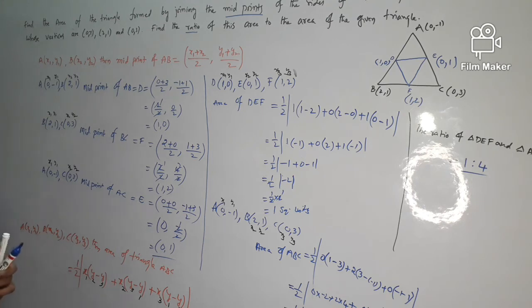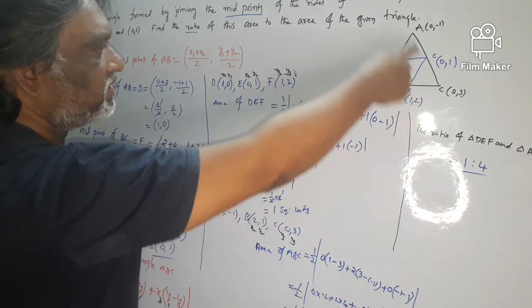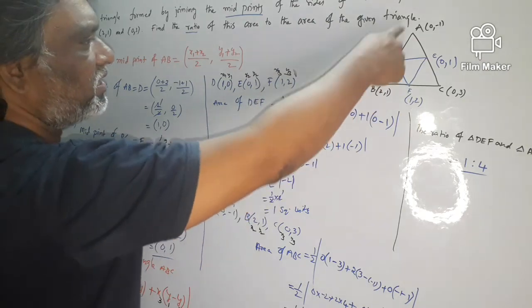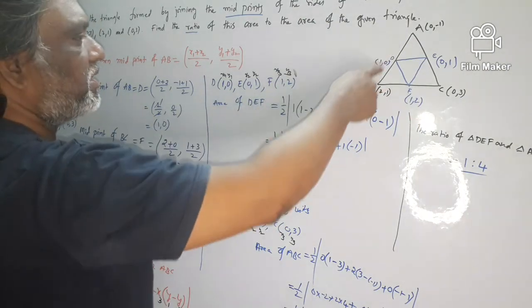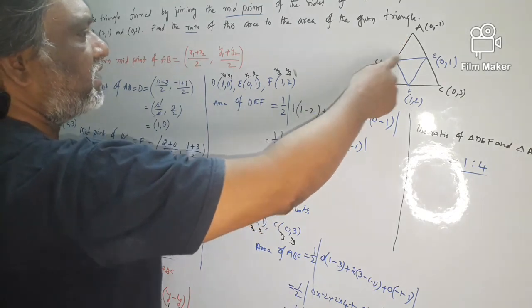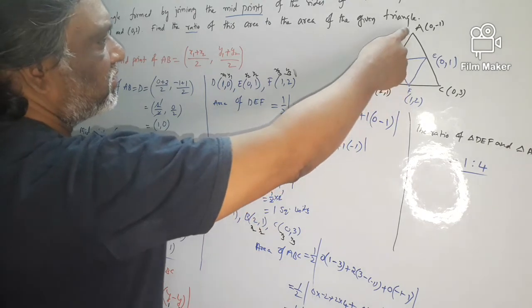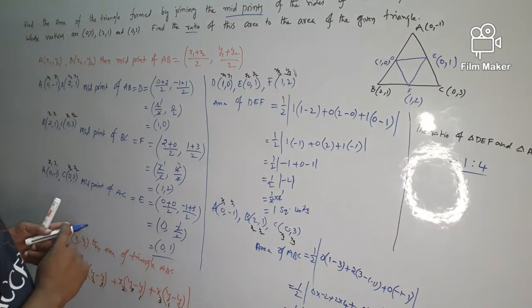First of all, we draw a triangle ABC. Next, let the midpoints be D, E, F on the sides of triangle ABC.